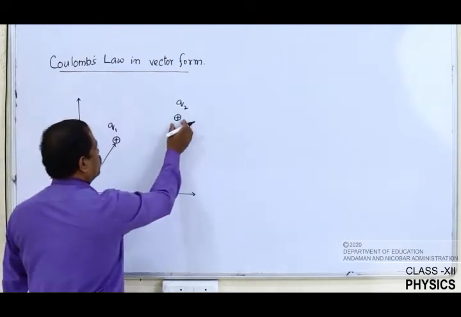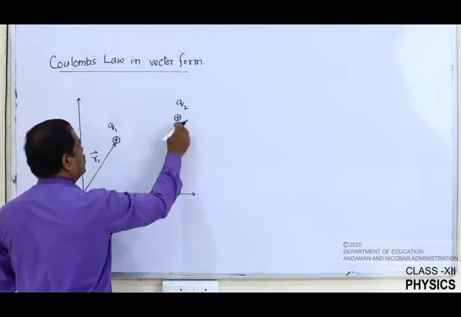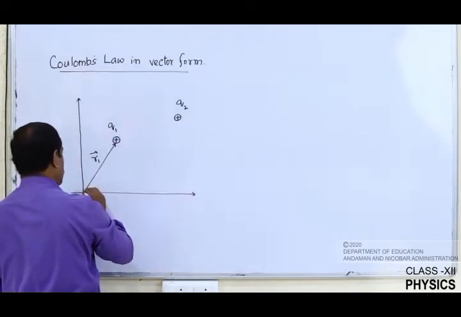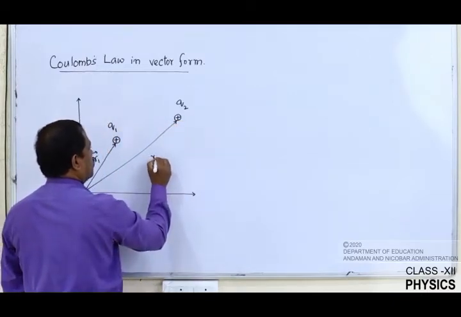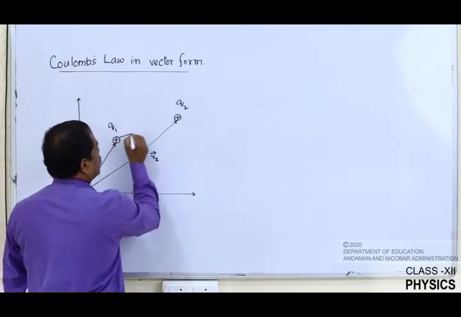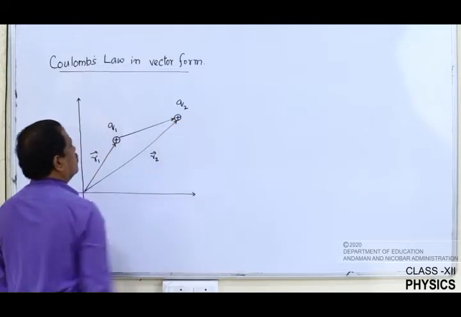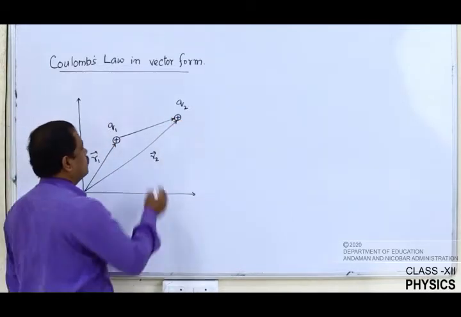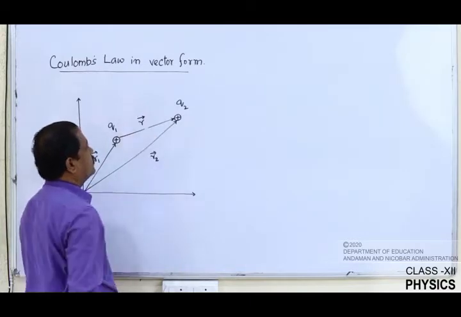The charge Q2 has a position on the xy plane. This position with respect to the origin is assumed to have a position vector R2. And the separation between the charges Q1 and Q2 is assumed to be vector R.